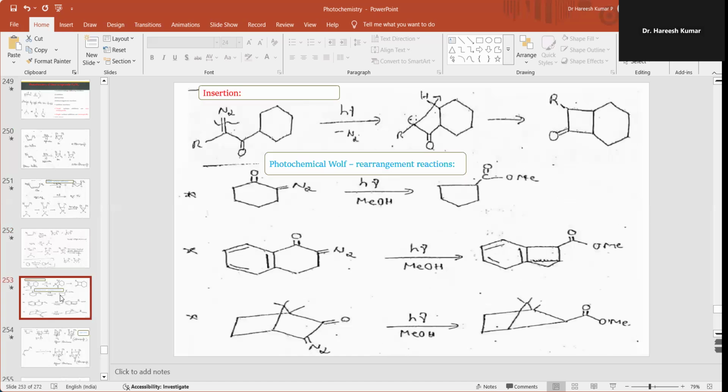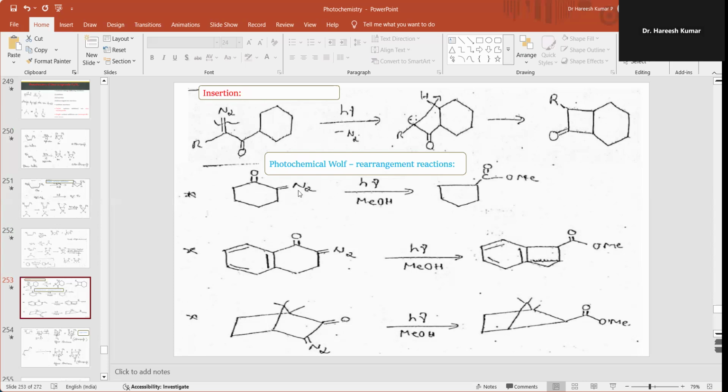On the next slide, I am taking insertion, more particularly alpha diazo ketones. Alpha diazo ketones on irradiation lose N2, and there is carbene formation. This carbene undergoes CH insertion, thereby forming a bicyclic ketone product.